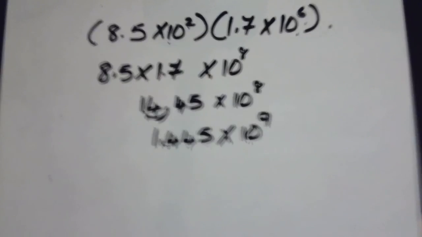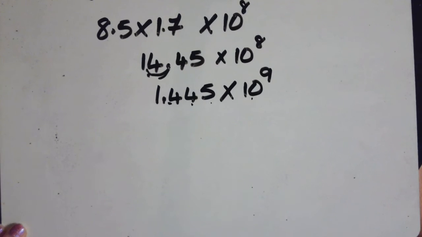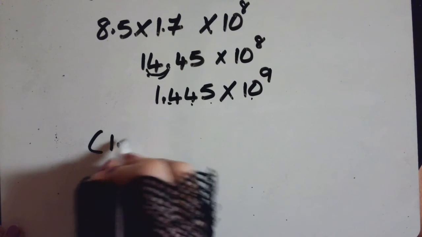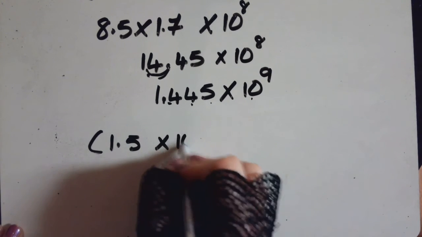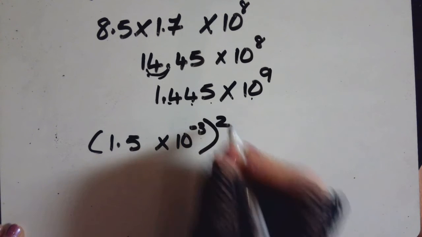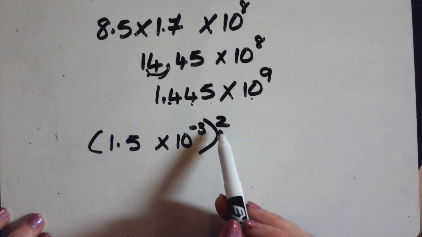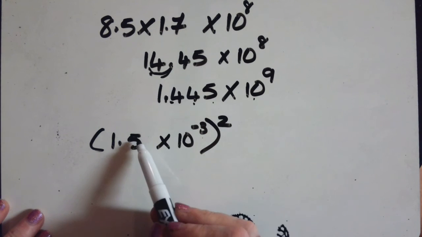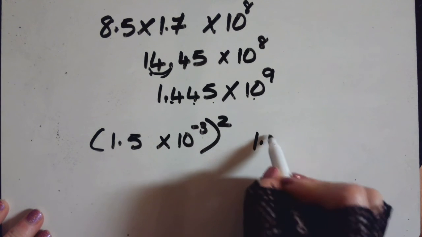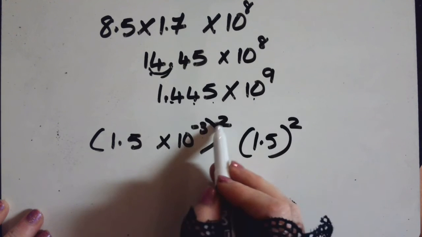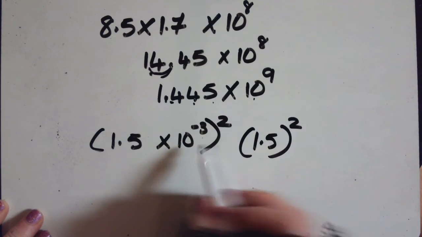Okay, here's another one real quick. 1.5 times 10 to the negative 3 raised to the second power. Remember, this is a power to a power, this is a base. So say 1.5 and we square that. We do that to that.